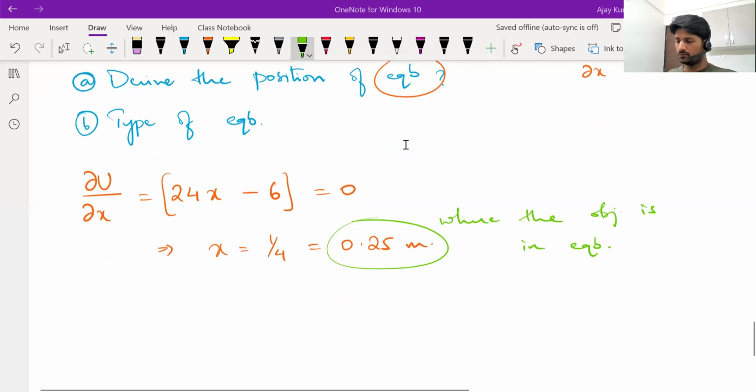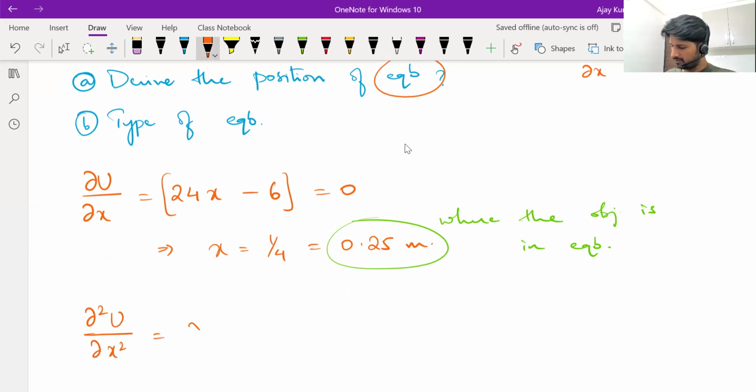Pawan, can you tell me how to confirm whether it is stable, unstable, or neutral? The double differentiation. If you do double differentiation, ∂²U/∂x², it becomes 24, only 24. What can you tell based on this? Suppose it is positive, then stable.